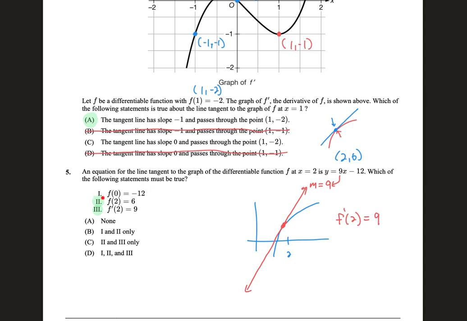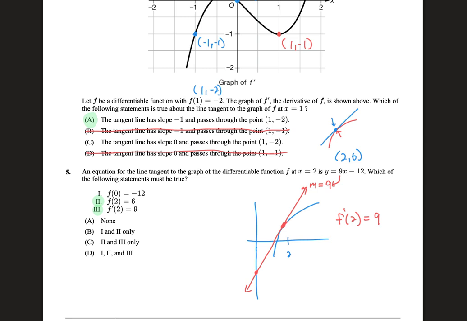Okay, but we don't know anything about the function at any other x value besides 2. So if they said f of 1 or f of negative 1 or f of 10, we have no idea. You know, f of 0 equals 12. If you plug in 0, you get 12. So that's a point on the tangent line, like in this example, this point here.